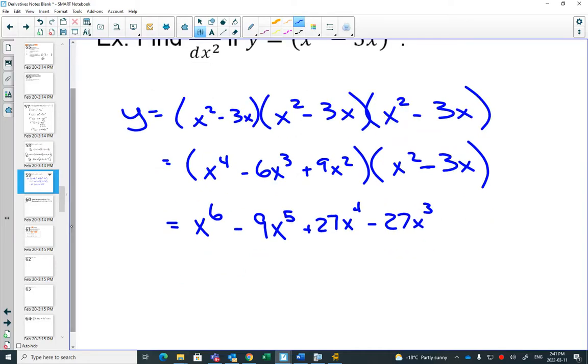Or you could use Pascal's triangle. So Pascal's triangle, 1, 1, 1, 1, 2, 1, 1, 3, 3, 1. You have an exponent of 3. So reviewing Pascal's triangle, your coefficients would be the 1, 3, 3, 1.